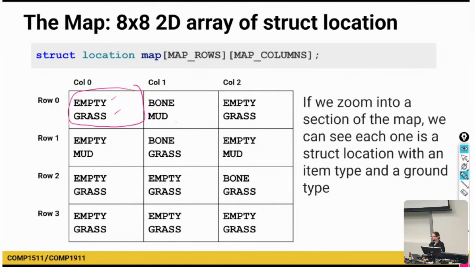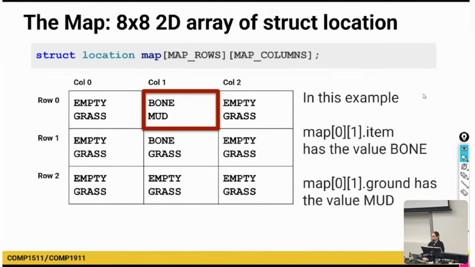So if we were trying to work with this, well, we're in a 2D array. So we first of all have to give basically the coordinates or the indexes for a particular struct. So if we went to our map, that's the name of our array in this case. If we went to the map at index 0, 1, it'd give us this whole struct.